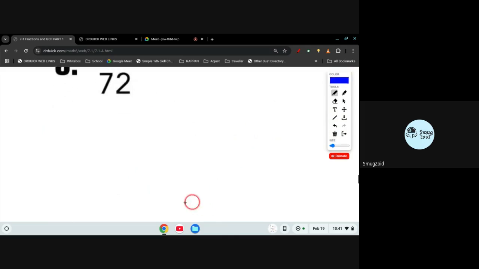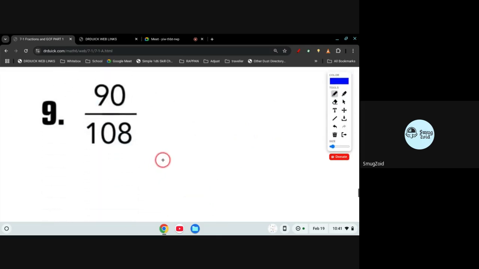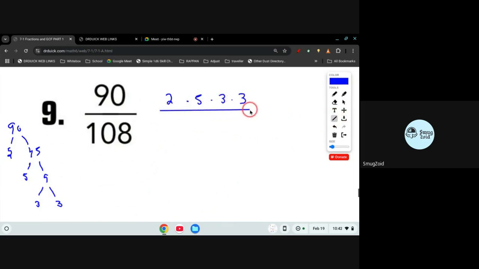Let's try this next one, right? If you do the factor trees, these get easy, all right? 90 and 108. So we'll do 90 over here. And that'd be 2 times 45. And then I take a 5 out. I got a 9. I got a 3 times 3, right? So I'm going to put 2 times 5 times 3 times 3 over here. And drop a line. I'm going to do 108 over here, right?